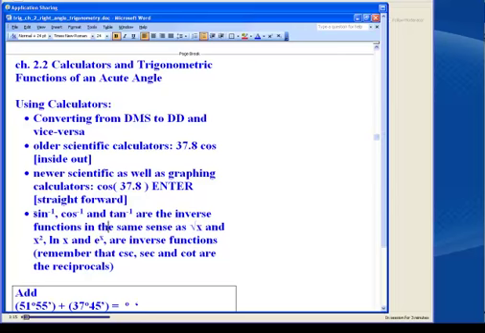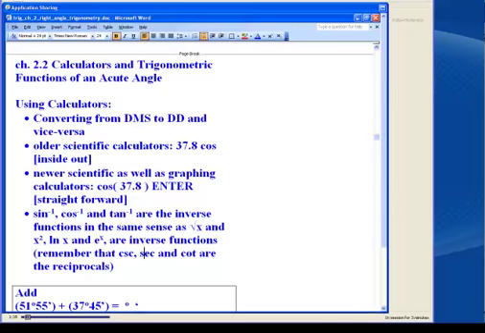So for example, sine of an angle will give us the opposite over the hypotenuse, while the inverse sine of the opposite over the hypotenuse is going to give us the angle. Notice that, as we know, cosecant, secant, cotangent are the reciprocals, not the inverse functions.